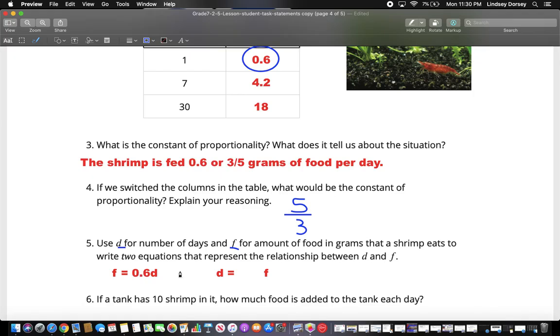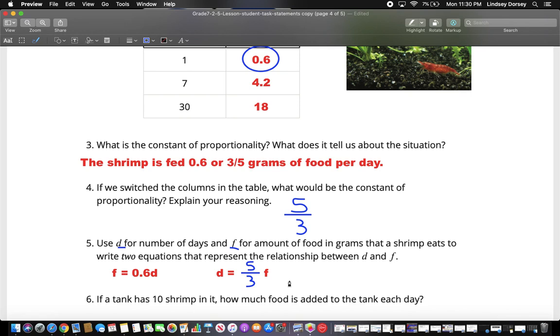Because here it was 3/5, so here it would just be 5/3. So D equals 5/3 times F.